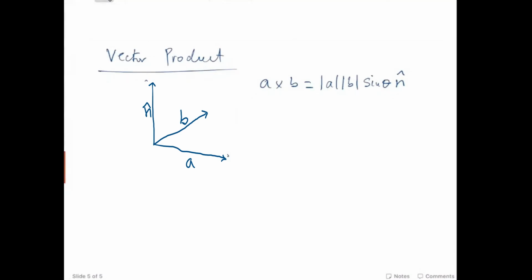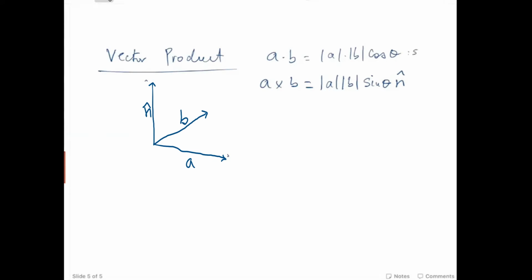The moment of a force is actually provided as the cross product of the force and the displacement or direction of the force. As you will see, this is A dot B, which is AB cosine of theta.